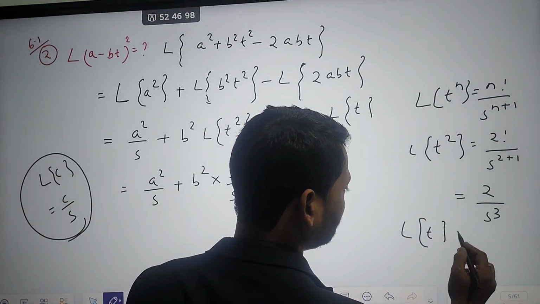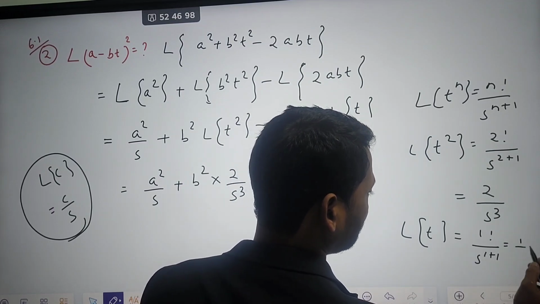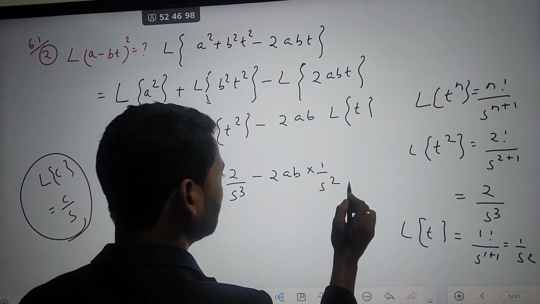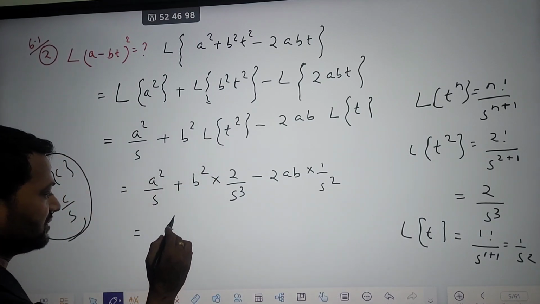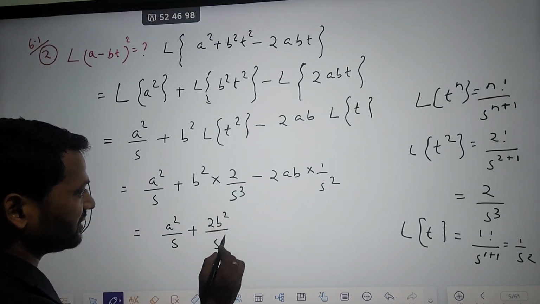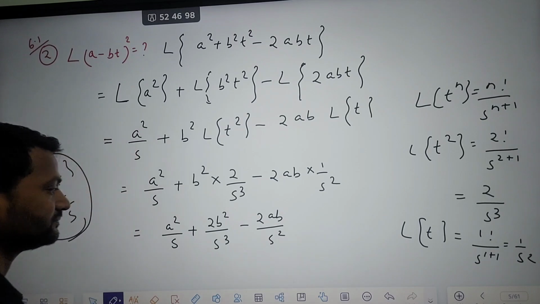Just now I told Laplace of t is what? 1 factorial by s to the power 1 plus 1, that is 1 by s square. So your answer is a square by s plus 2b square by s cube minus 2ab by s square.